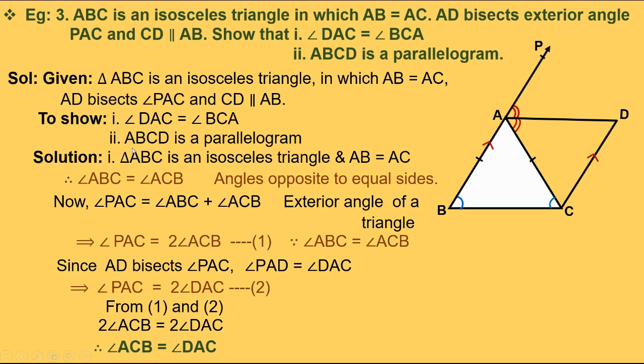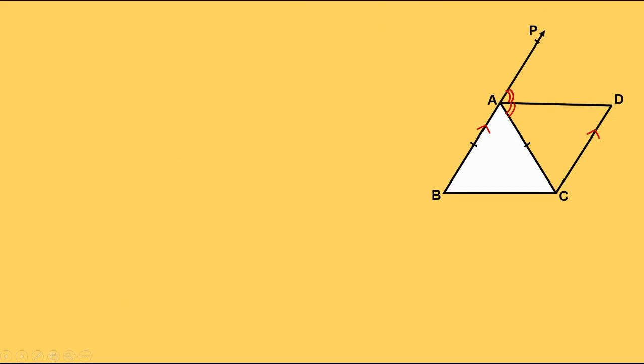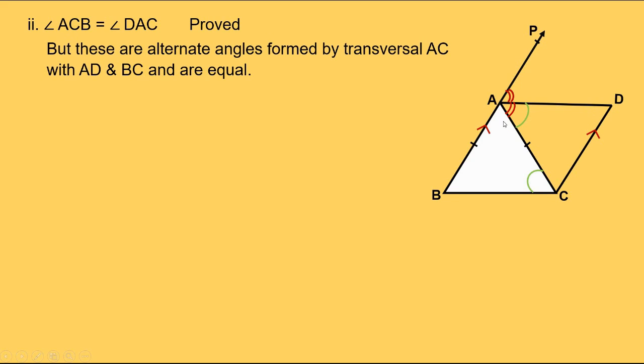Now, to show ABCD is a parallelogram, we have proved that angle ACB is equal to angle DAC, but these are alternate angles formed by transversal AC with AD and BC and are equal. Therefore, AD is parallel to BC.